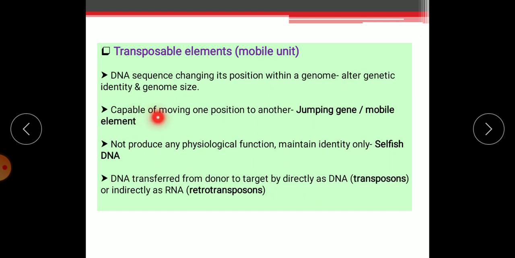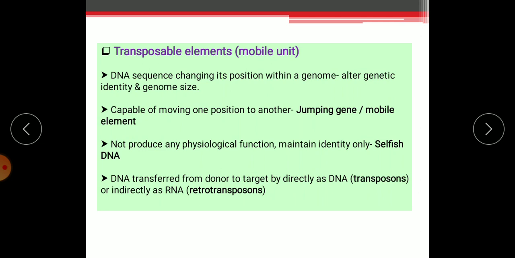They are capable of moving from one position to another, so they are called jumping genes or mobile elements, and they do not produce any physiological function, maintaining only their identity. They are called selfish DNA, as they are present within the genome and maintain only their identity.